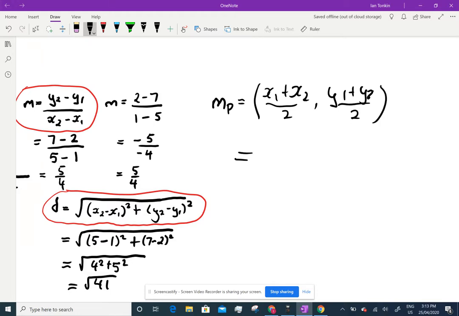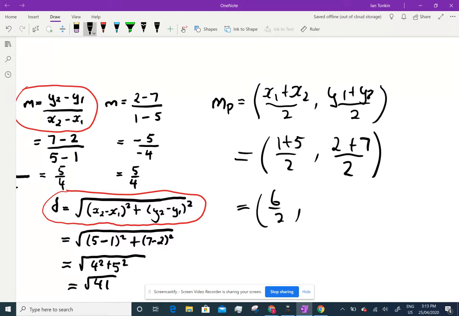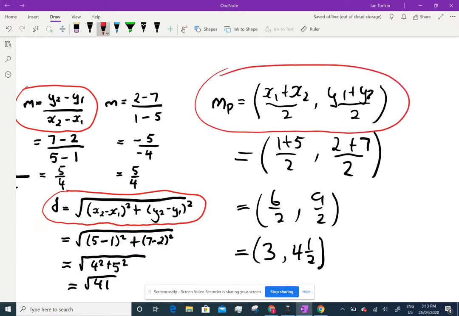Right, what were the x values? So the x values were 1 and 5. 1 plus 5 over 2. What were the y values? 2 and 9. 2 plus 7, sorry. I've already done the addition in my head. So that gives me 6 over 2 and 9 over 2, which is 3 and 4.5. And there is your midpoint formula. Let's tidy up that too, because it's a bit poor.